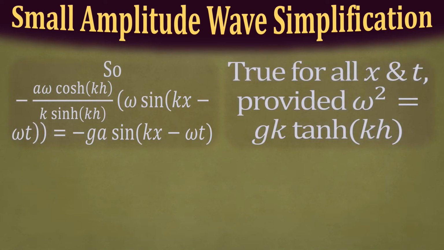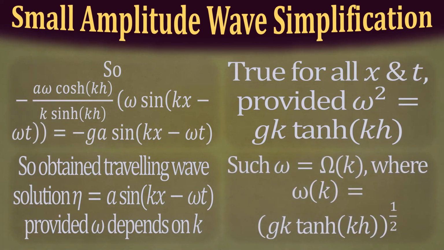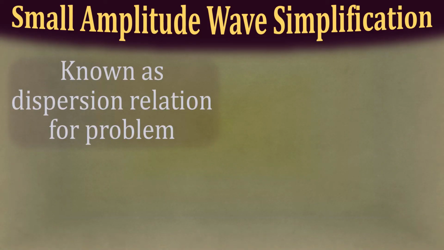So we have obtained a travelling wave solution eta is equal to a sine(kx minus omega t), provided omega depends on k, such that omega is equal to capital omega of k, where capital omega of k is equal to the square root of gk tanh kh. This is known as the dispersion relation for the problem.